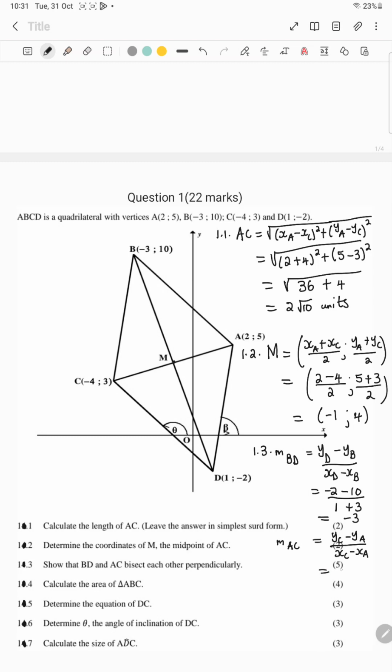My y at C is a 3, and then my y at A is a 2, over my x at C, which is negative 4, and my x at A is a positive 2. If you work this out, there must be a mistake here.